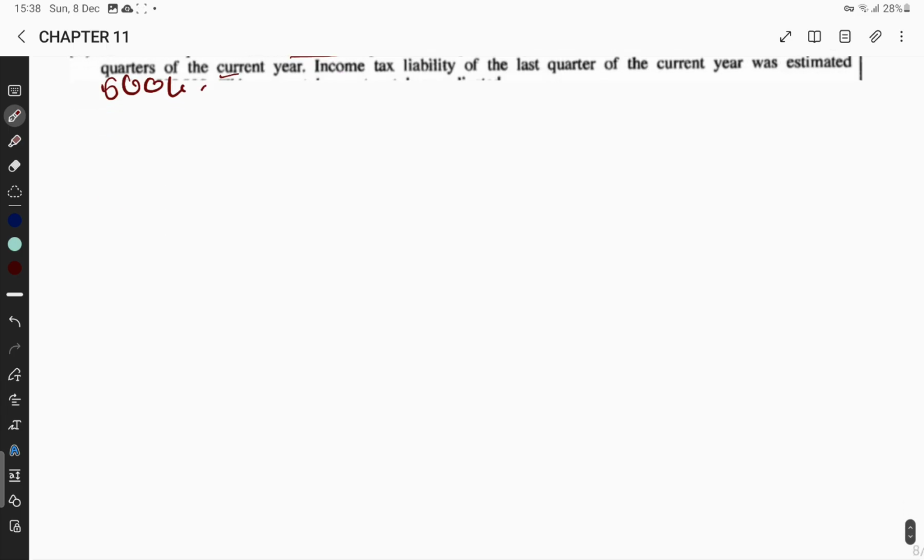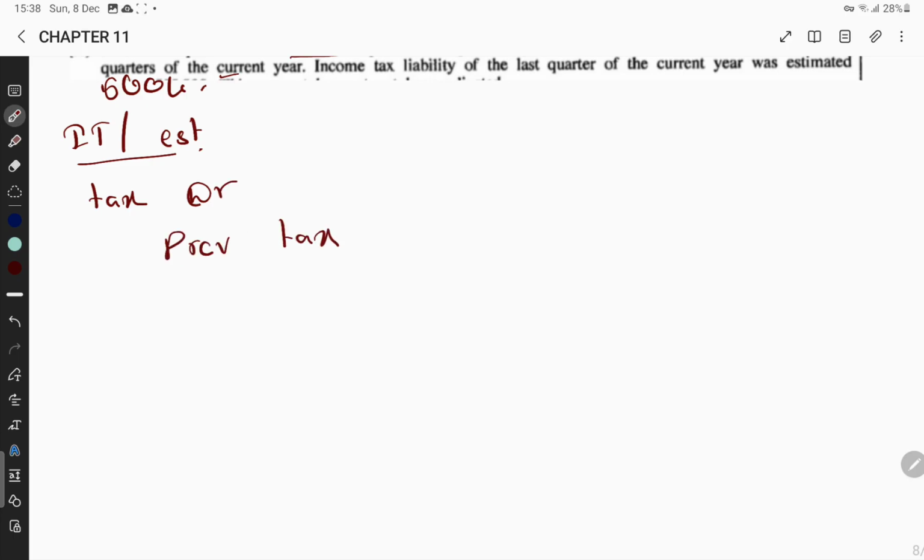In the income tax double entry, for your income tax estimate for the year, the tax account is debited and the provision for tax account is credited. When you pay income tax, cash is going out, so cash account credit, and provision for tax account gets debited.